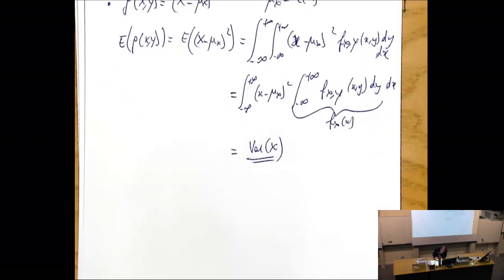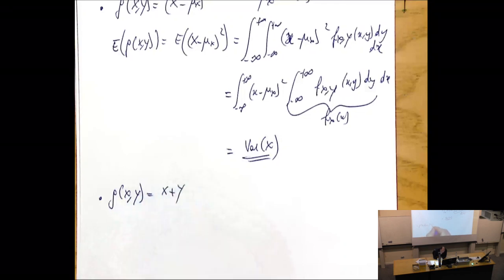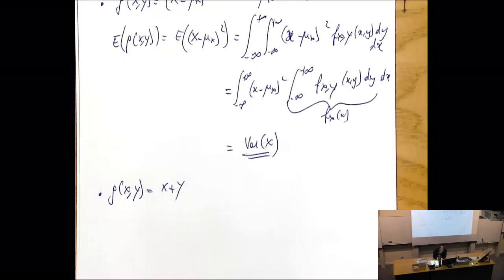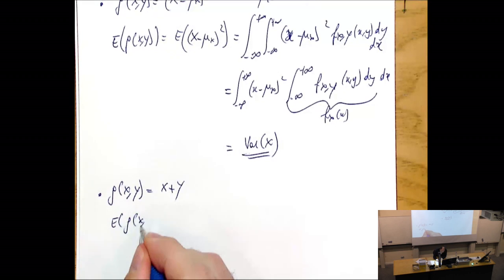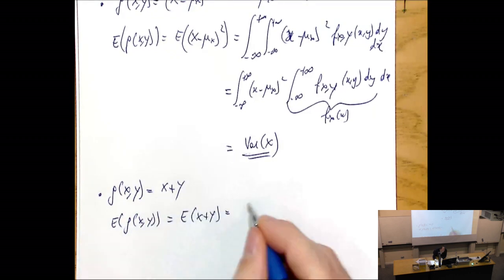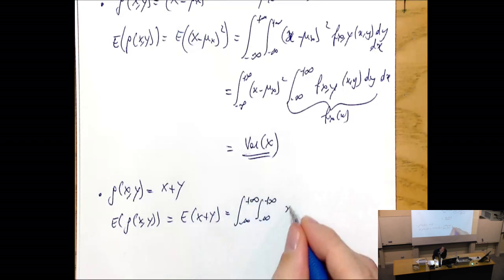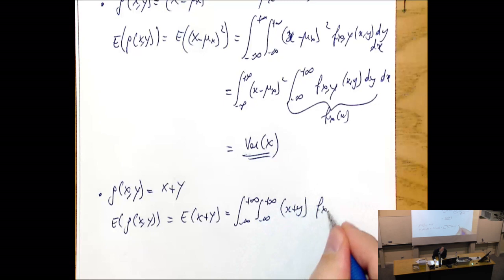What if we have g of xy is x plus y? Now the expectation of g of xy is the expectation of x plus y. This is the integral between minus infinity and plus infinity of x plus y multiplied by the joint PDF of xy.